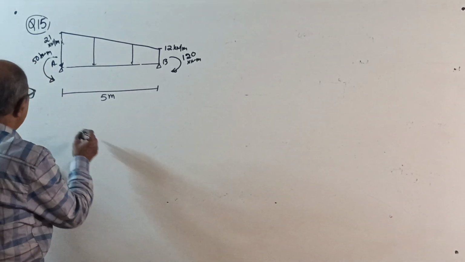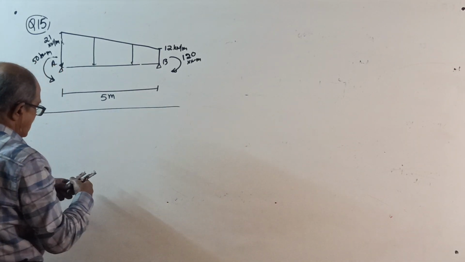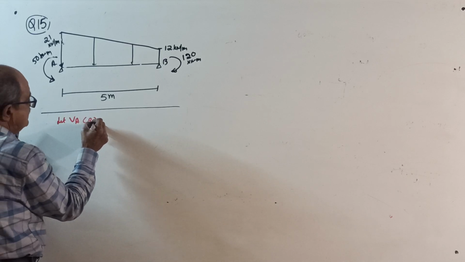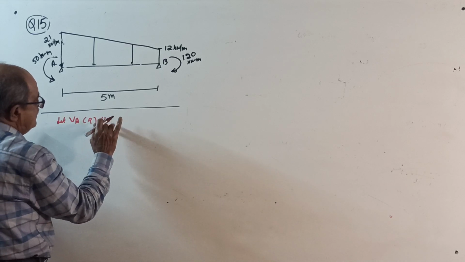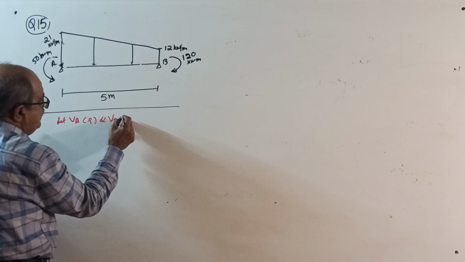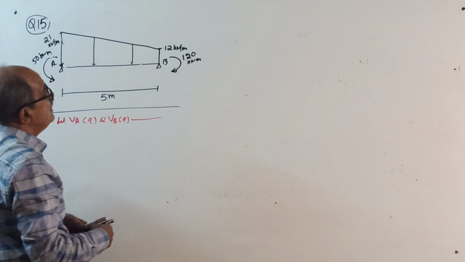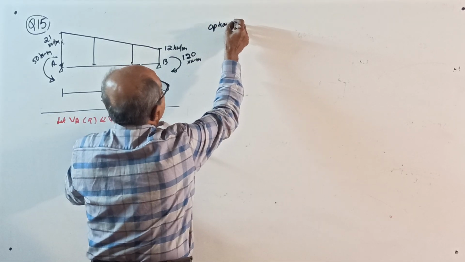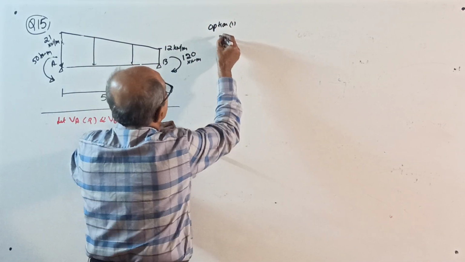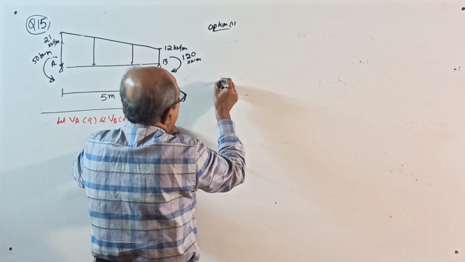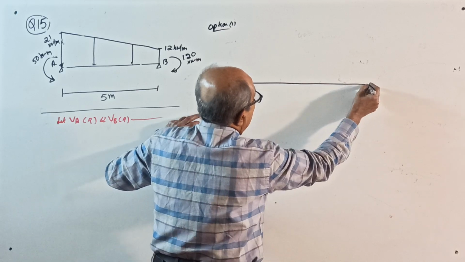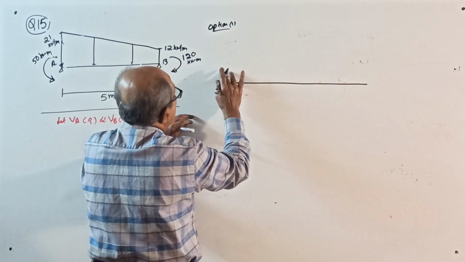Find reaction. As usual, let VA upward and VB upward. Usual statement. Prepare the sketch. We are ready for the trapezium. Just now I told, how many times do I have to tell the same thing again and again?